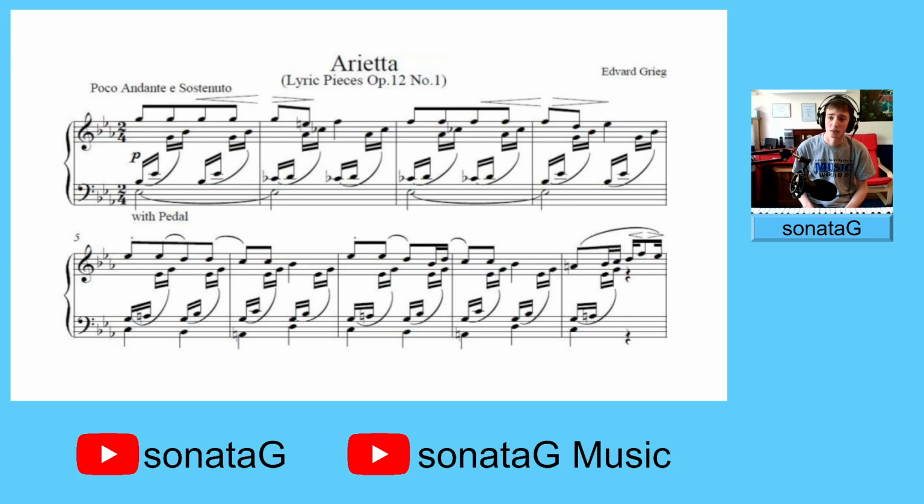Very top line. And then going to the very bottom, we can see that we have tied half notes. So it's 1, 2, 3, 4. 1, 2, 3, 4. And that's it.